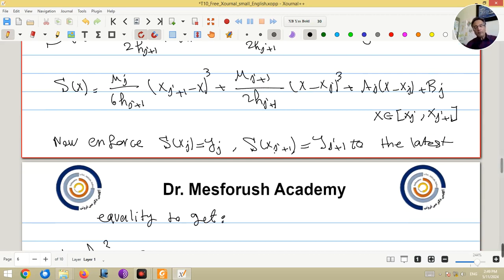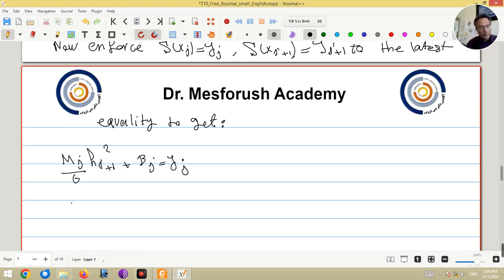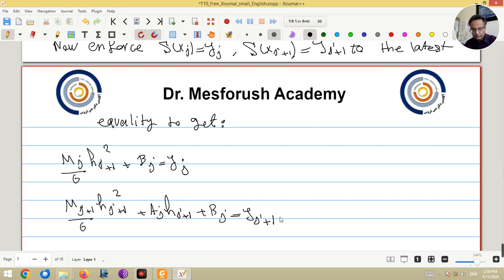And if we apply xj plus 1, this term will be 0, and mj plus 1 times hj plus 1 squared over 6 plus aj hj plus 1 plus bj remains, equal to yj plus 1, right?